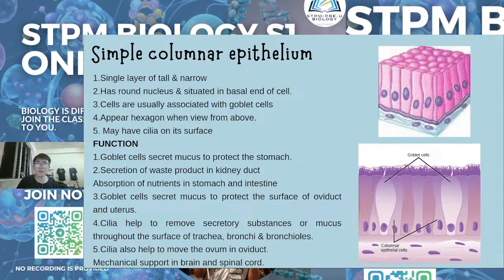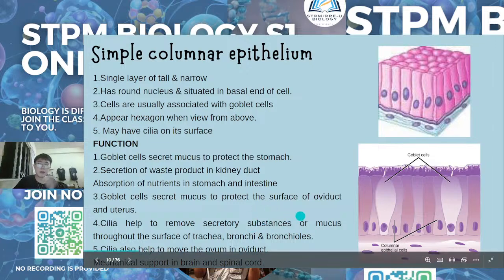Although mucus is very important, if there is too much, it can block, because mucus is very sticky. If you have a fever, your nose is blocked. So cilia can help you remove all of this.